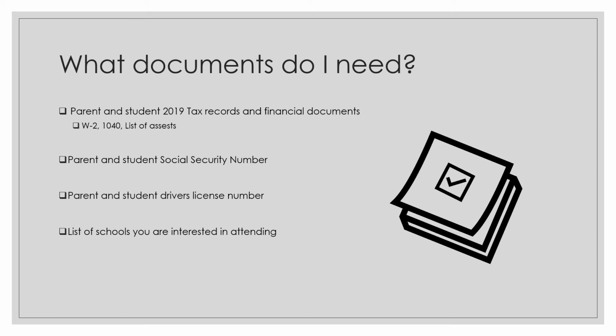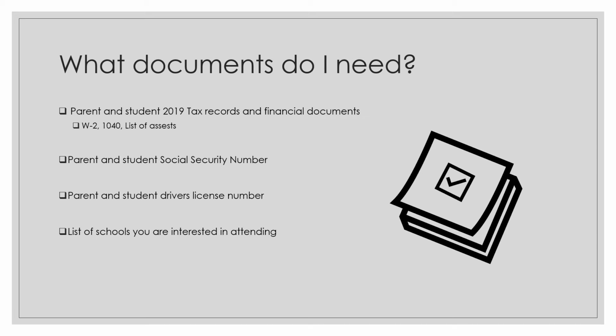If for some reason you submitted your application and then decided that you wanted to apply to another school, and you want them to have access to your FAFSA application as well, all you'd have to do is go back and make an edit to the FAFSA application, and then make sure that you delete all of the previous schools that you have already sent your FAFSA to.